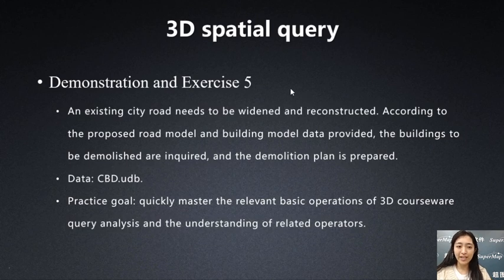And then let's do our fifth exercise. There is a situation where the city road needs to be widened and reconstructed. According to the proposed road model and building model data provided, the buildings that need to be demolished are identified, and the demolition plan is prepared.